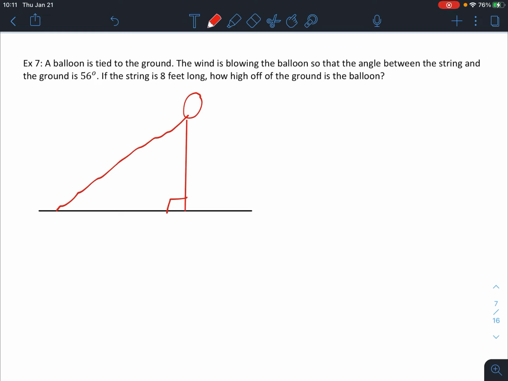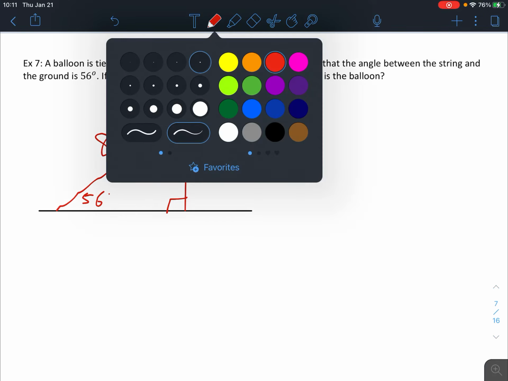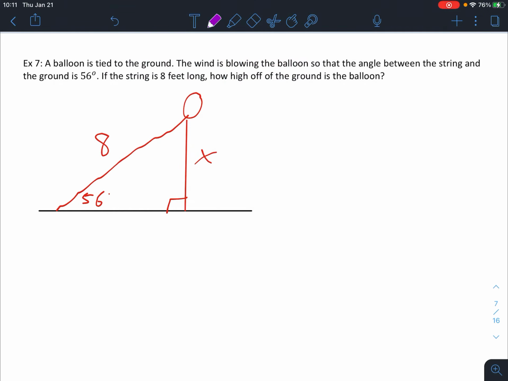The angle between the string and the ground is 56 degrees. The string is 8 feet long. How high off the ground is the balloon? So we're looking for that one right there. So we have the opposite leg and the hypotenuse. This is going to be sine.